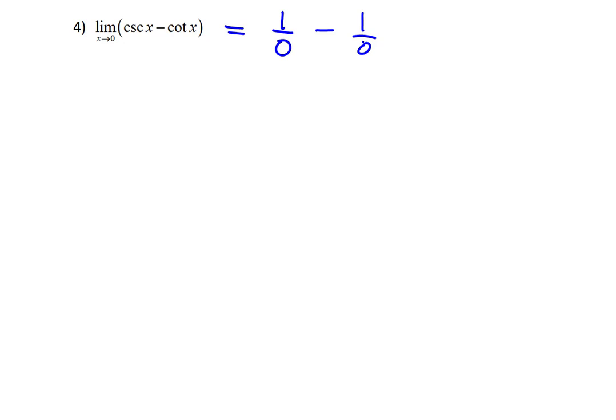So we have 1 over 0 minus 1 over 0, which, okay, you may be able to call that infinity minus infinity, but that's not quite one of our L'Hopital indeterminate forms, which means we need to do a little bit of algebraic work on this one.